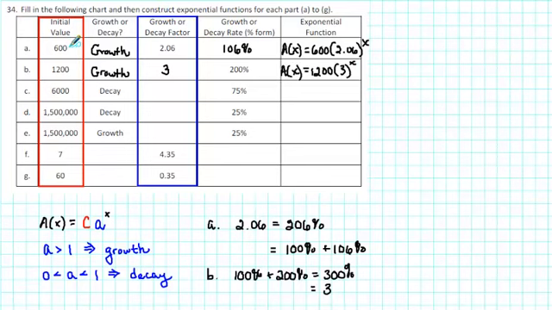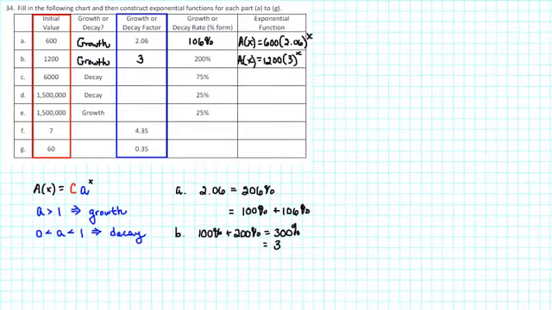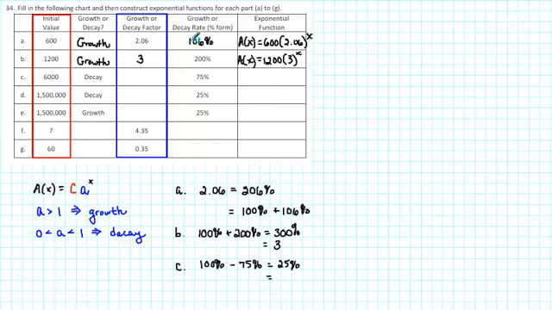In part C, we're given an initial value of 6,000 and a decay rate of 75%. So remember that initially there was 100%. We've taken away 75%, so that means that 25% remains. 25% as a decimal is 0.25.